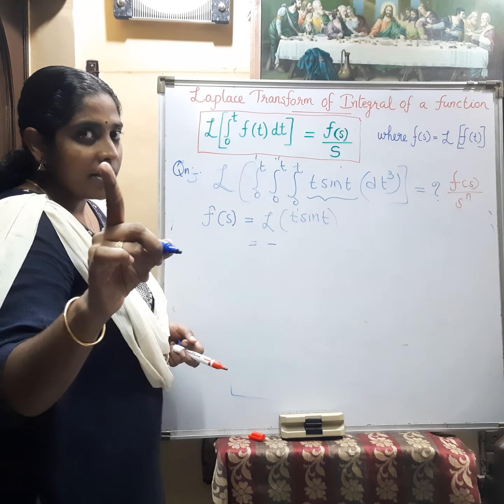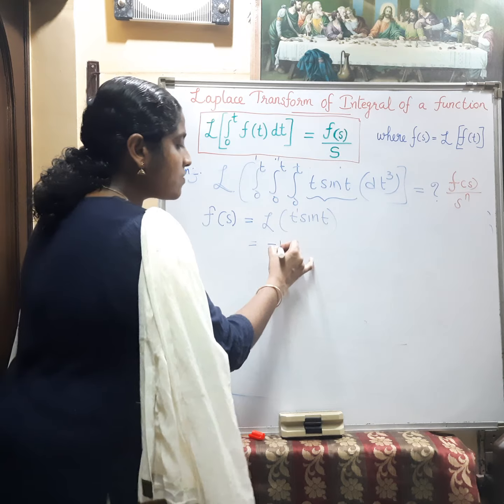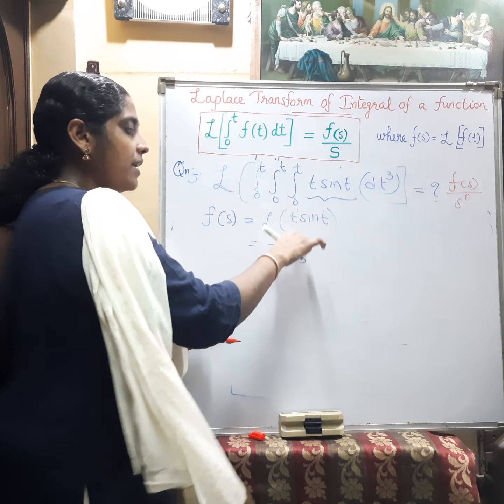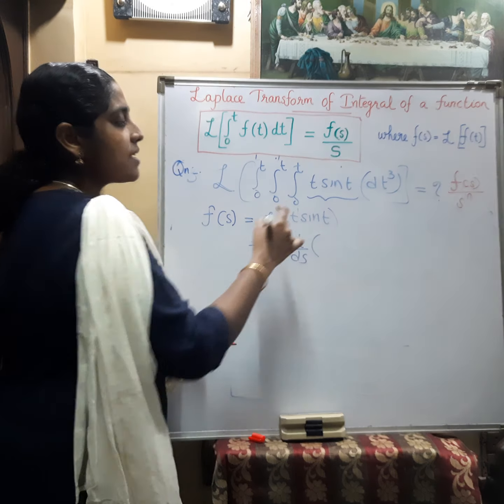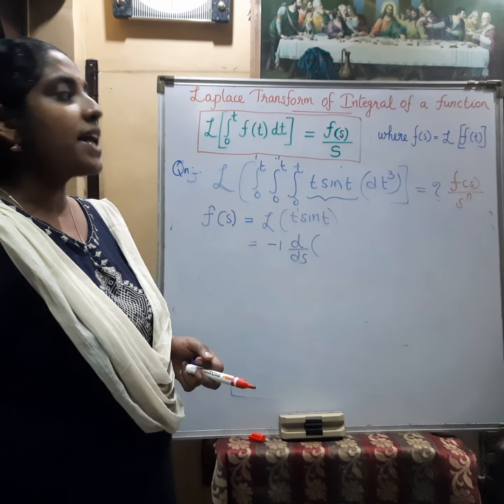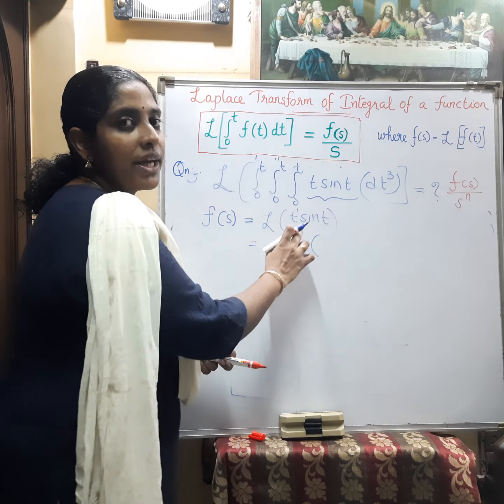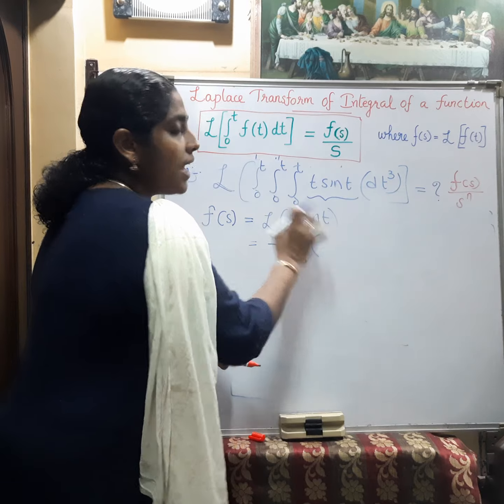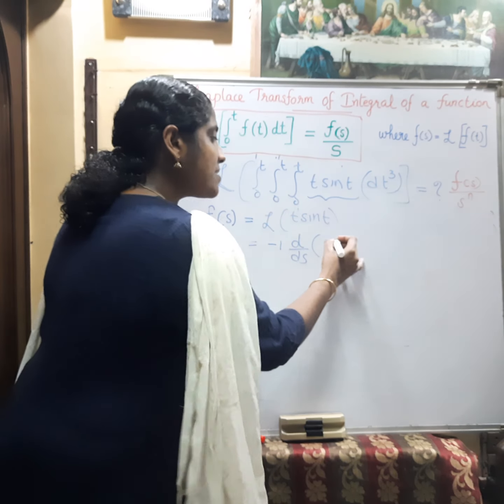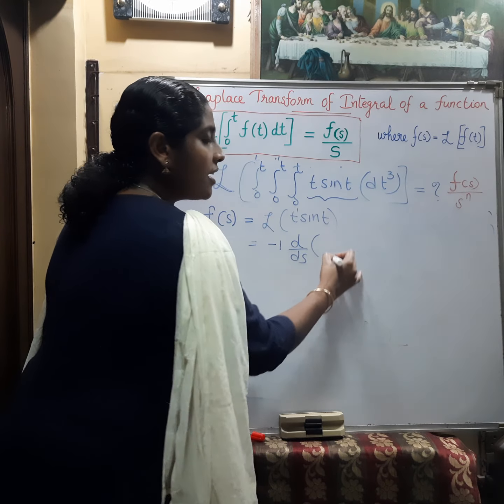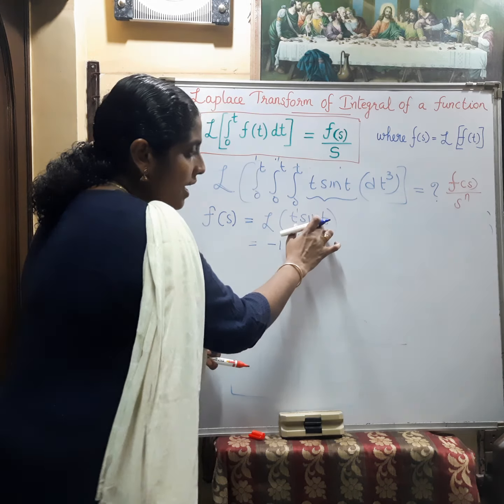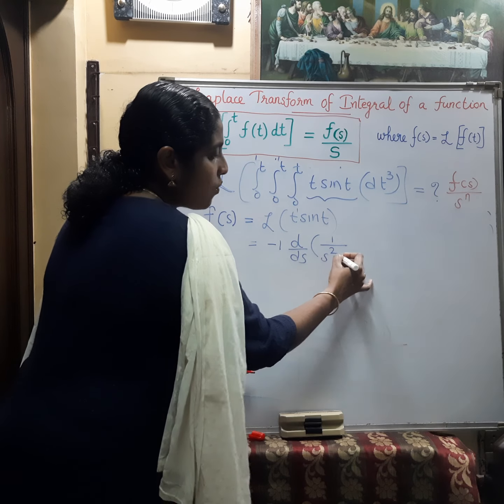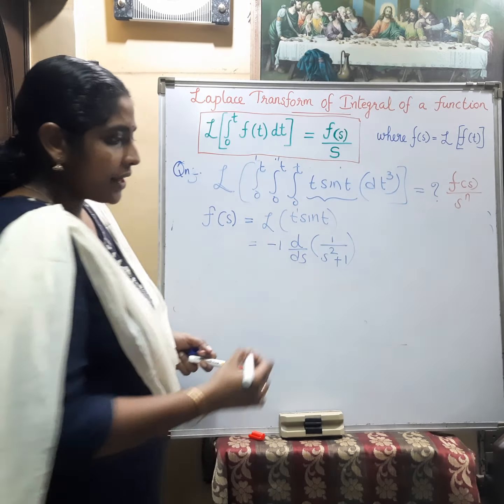The power of t is 1, so −1 times d/ds of the Laplace transform of sin t. What is the Laplace transform of sin t? a divided by s² + a², and a is 1 here, so 1 divided by s² + 1.